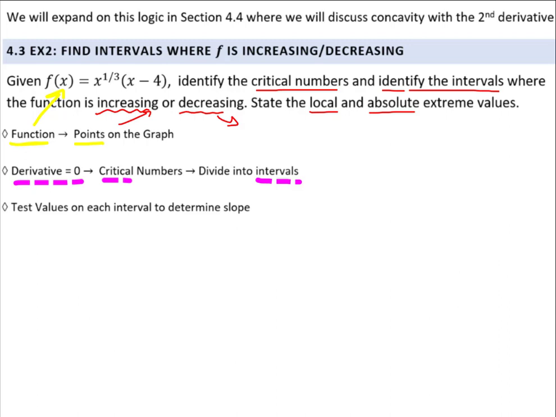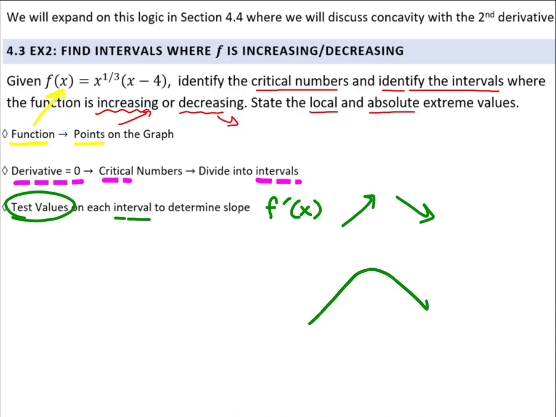Once we've broken the function into separate intervals, we're going to choose test values, and we're going to test those values in the derivative f prime of x to determine if the graph is increasing or decreasing. And of course, if the graph is increasing and then changes to decreasing, that might indicate a max.